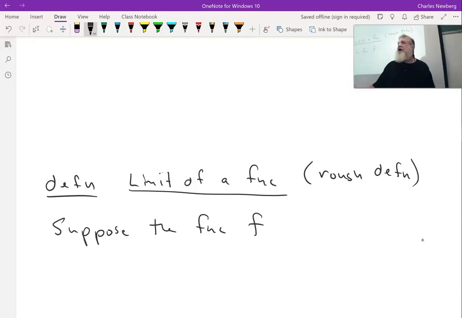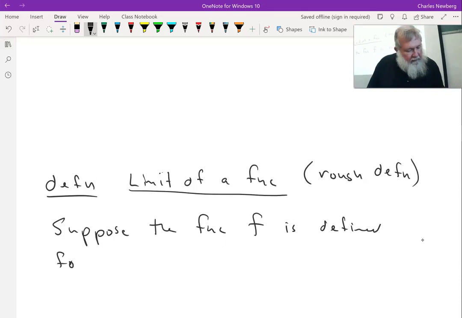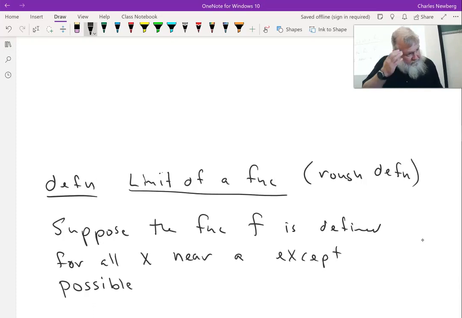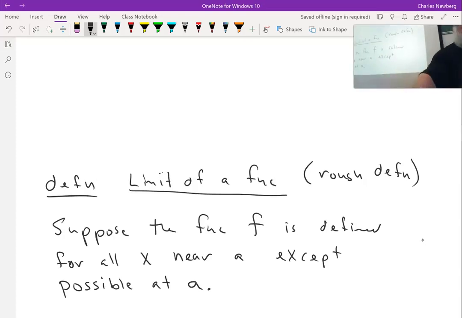So we have a function, we call it by its generic name f, is defined for all x near a, except possibly at a. Let you copy this down.